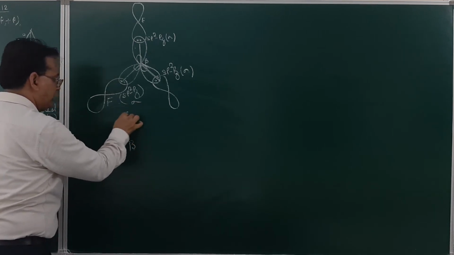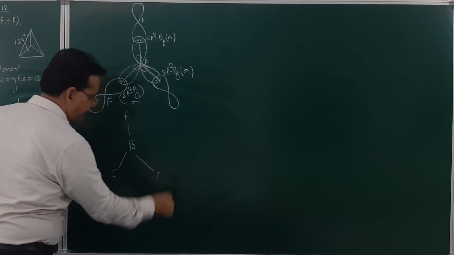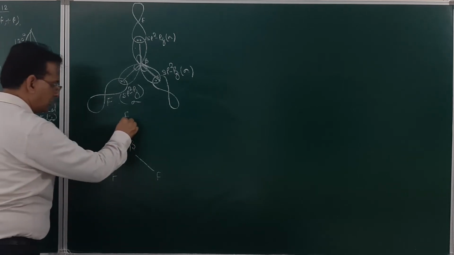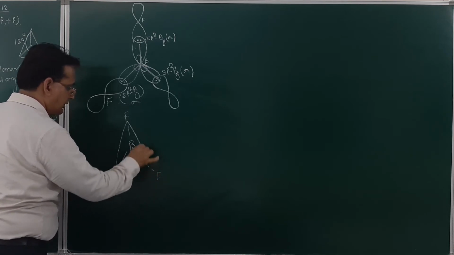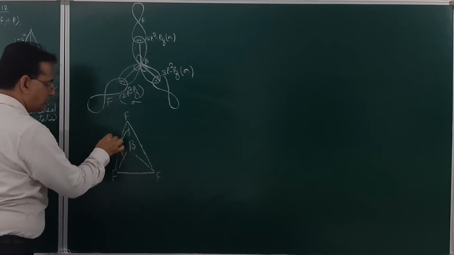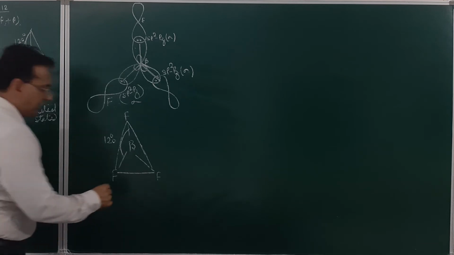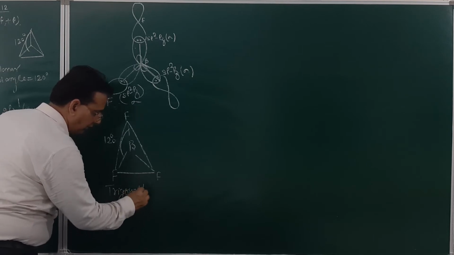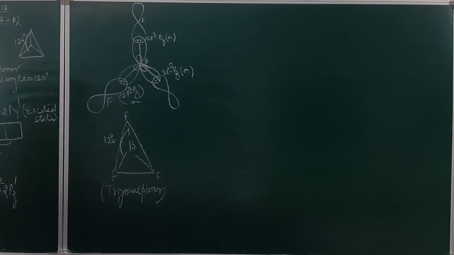Boron, this is fluorine, fluorine and fluorine. This is the boron trifluoride molecule with a bond angle of 120 degrees. Geometry will be trigonal planar. I think it is very clear over here.